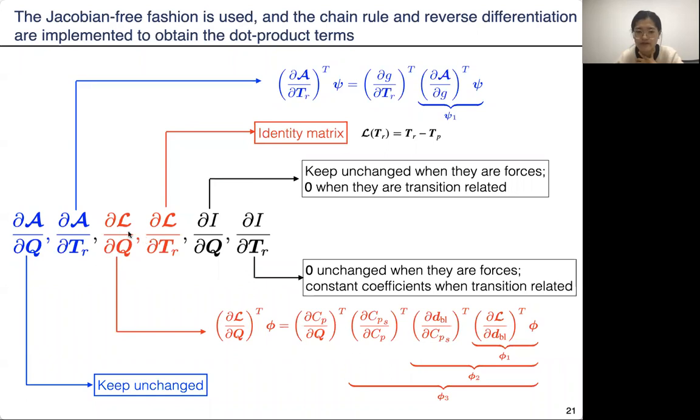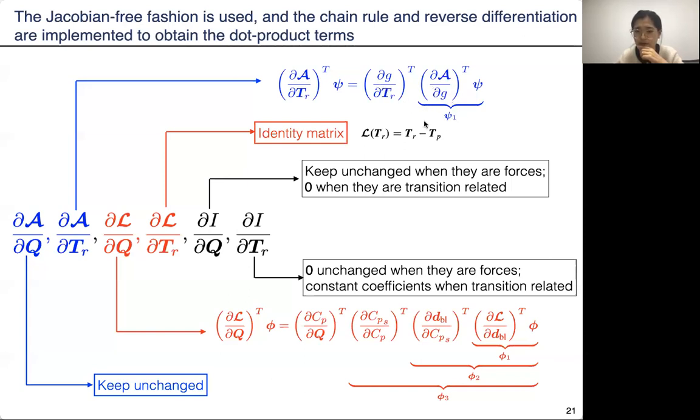And for this term, we start from the RANS adjoint vector, and then the RANS residual to the intermediate function, and for this part we just need to run the automatic reverse differentiation code and update it. This part is easy to get.